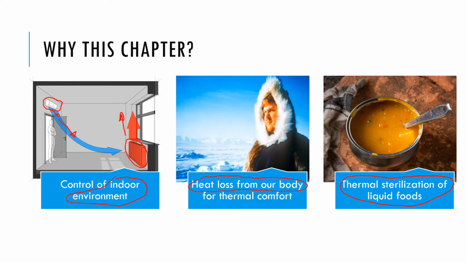Here, this can of liquid food would be heated sufficiently to sterilize the content, but because it's liquid, there are going to be flows happening and that will change the heat transfer. So we cannot use just the conduction equations that we have used in the past.